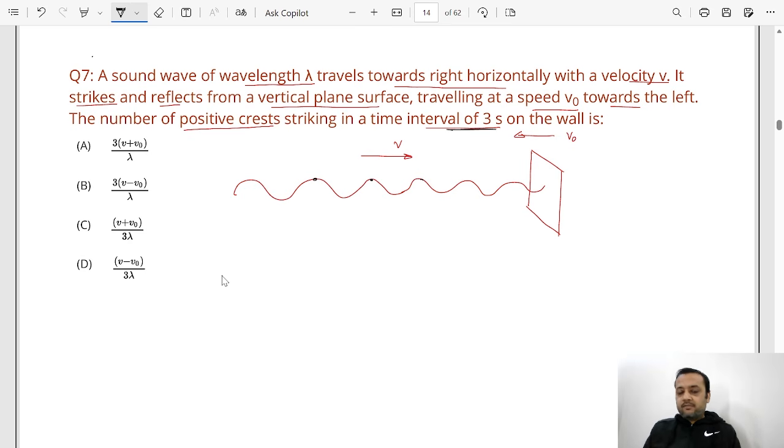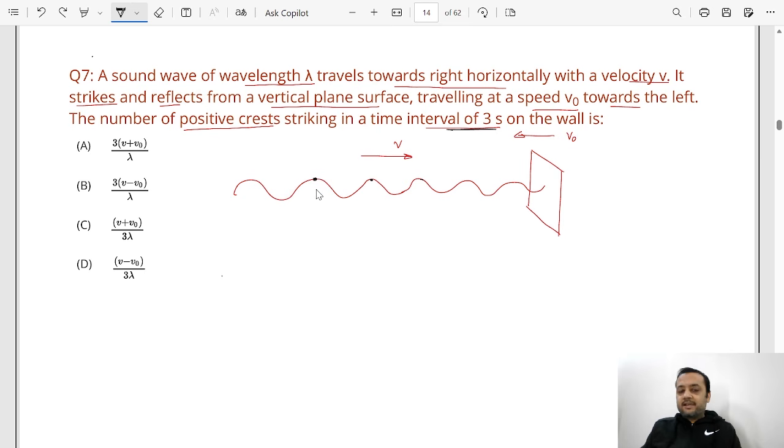We know that a sound wave is a longitudinal wave, so crests and troughs do not make any sense. But if you understand the essence of the question, what they are actually trying to ask is about the maximum displacement; a crest essentially means the positive maximum displacement.